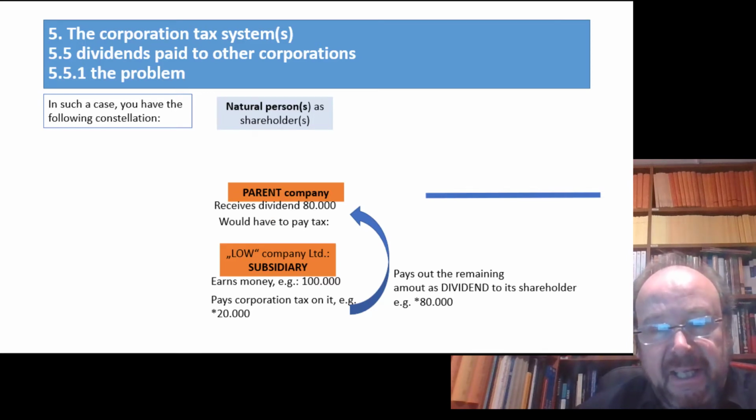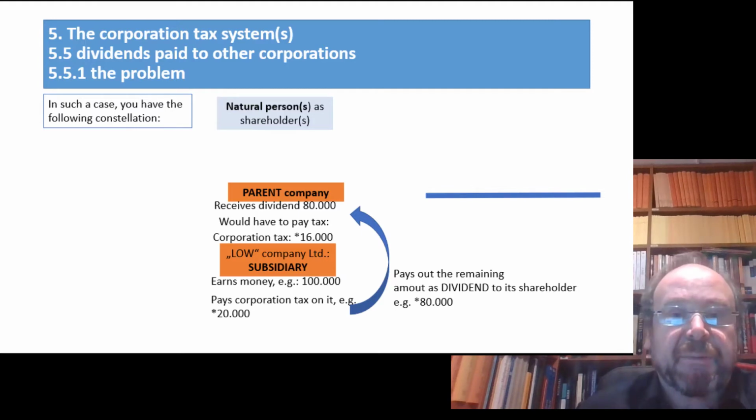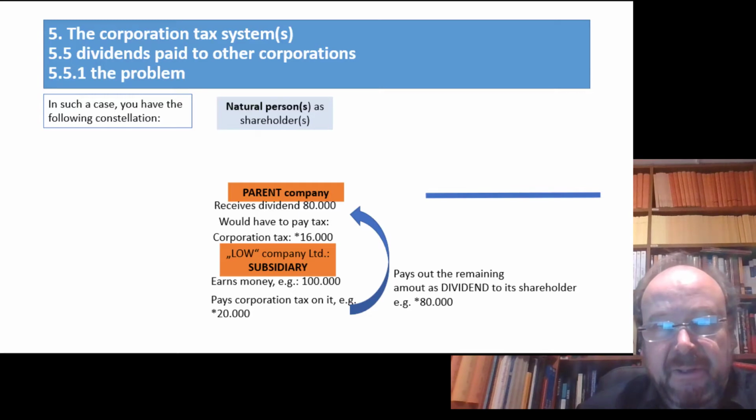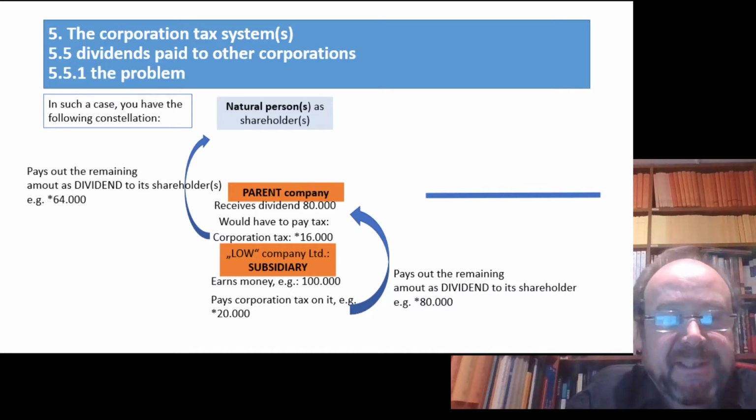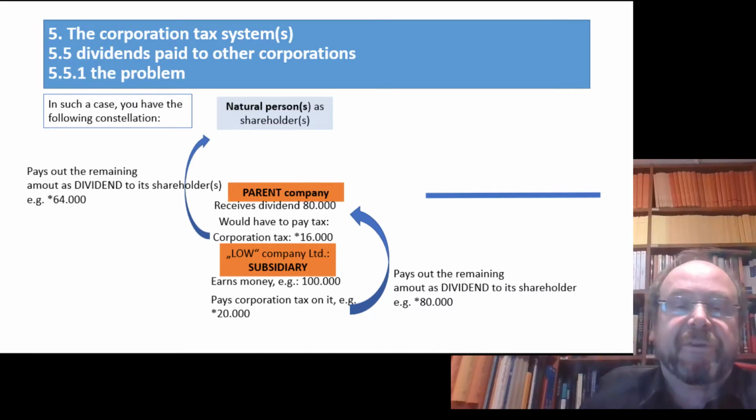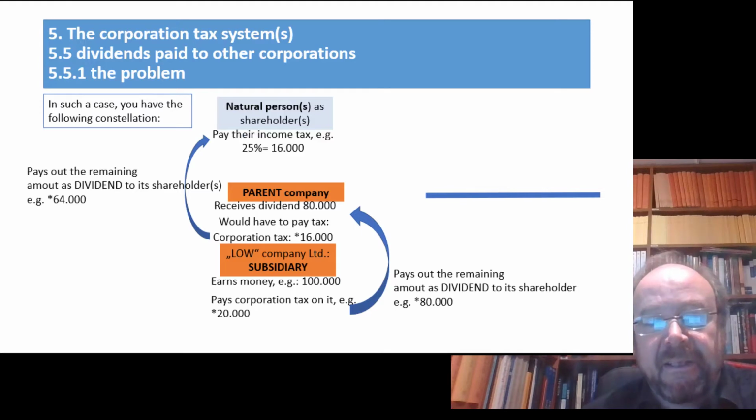Now, if they had to pay tax now, then that would be again, let's say 20%, so 16,000. Now, what would they do with the amount which was left over? In the course of time, they would distribute that again to their own shareholders as dividends, so 64,000 now. And the shareholders would pay their personal income tax, let's say 25% flat rate, so 16,000.